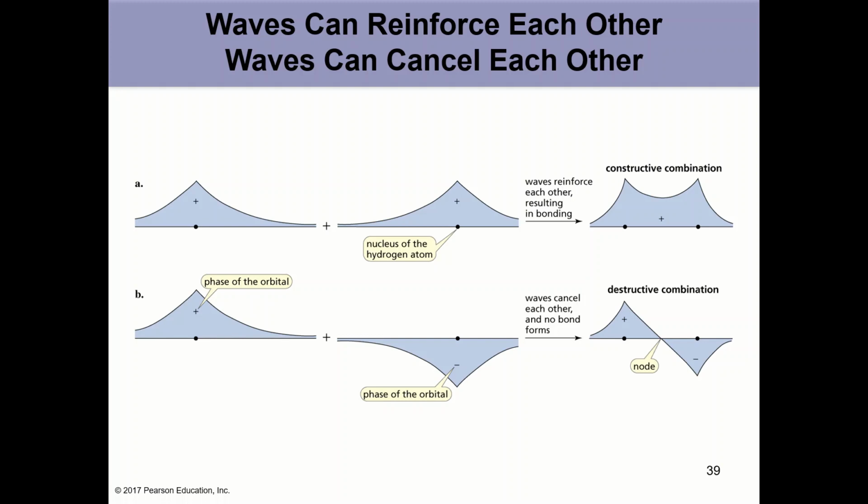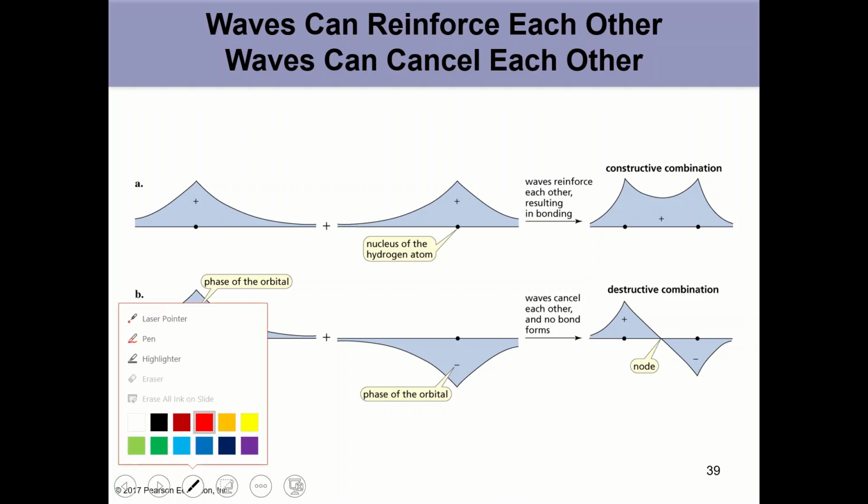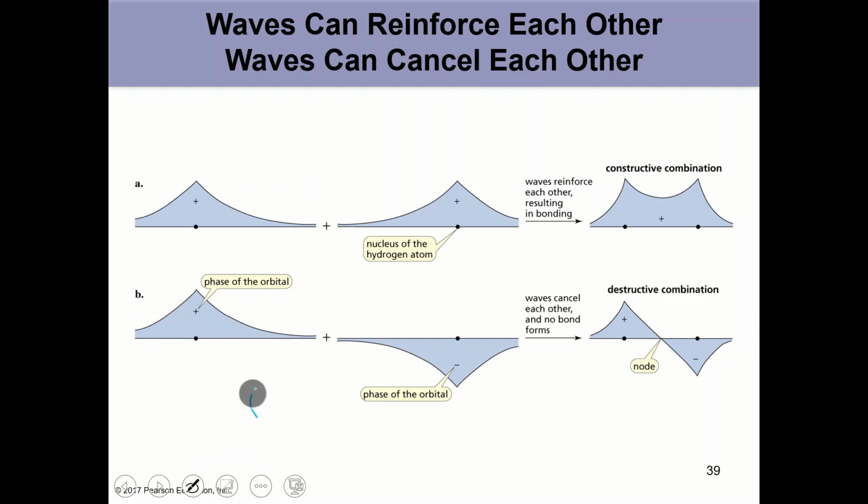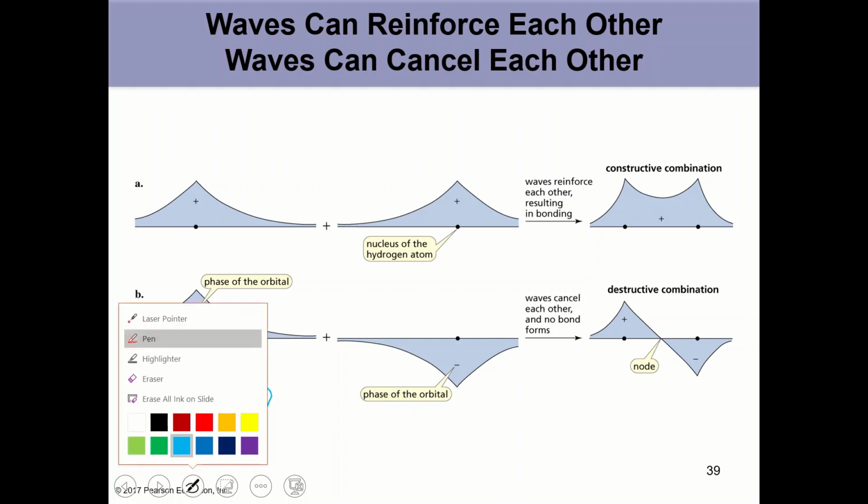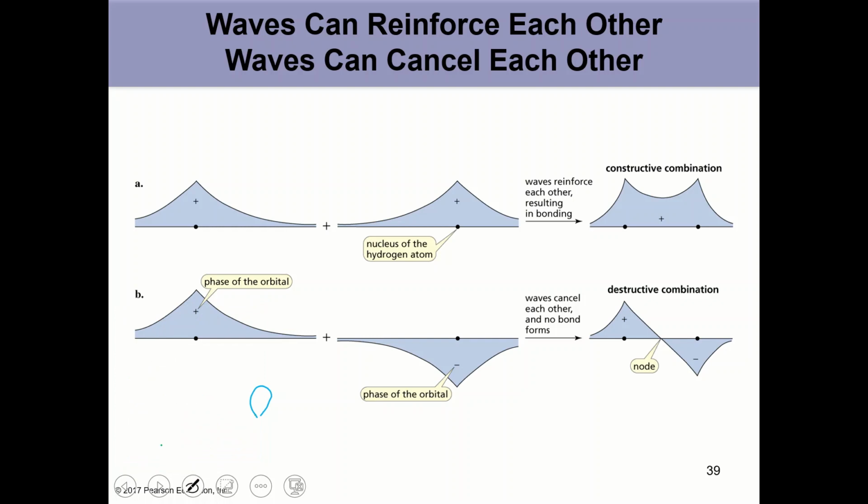So this would be like a p orbital with the blue side being positive and the green side being negative. So we have our p orbital, and p orbitals can form sigma bonds by what we call end-on overlap.